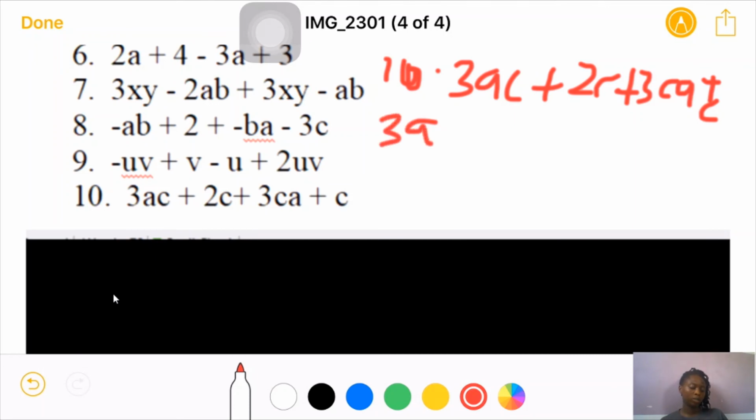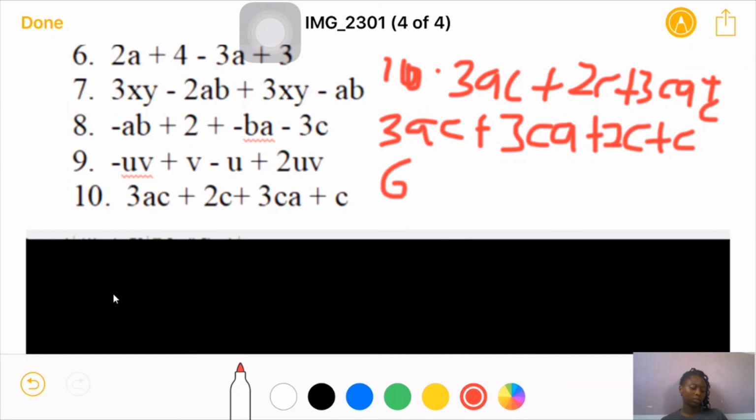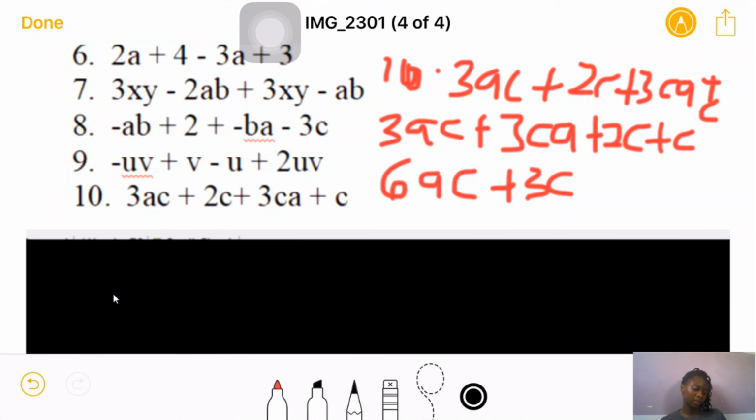So 3AC plus 3CA at the same time, plus 2C plus C. So we have 6AC plus 3C. That's just it. Simple as A, B, C.